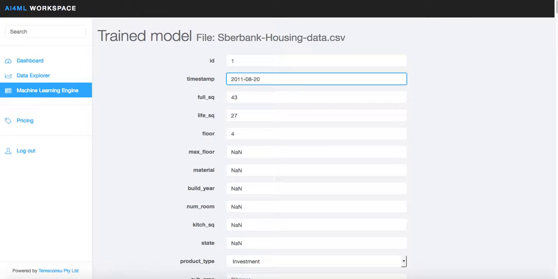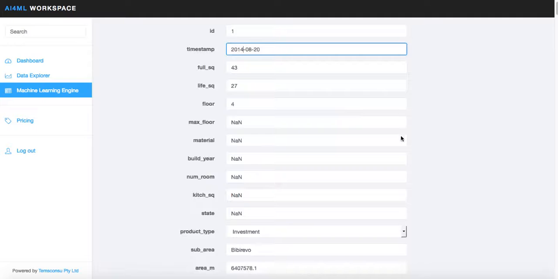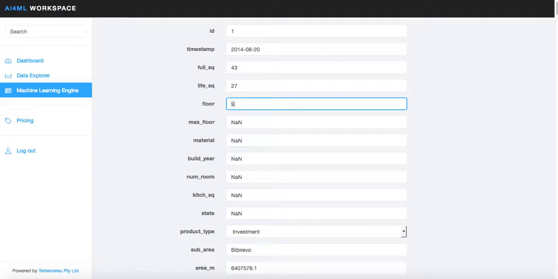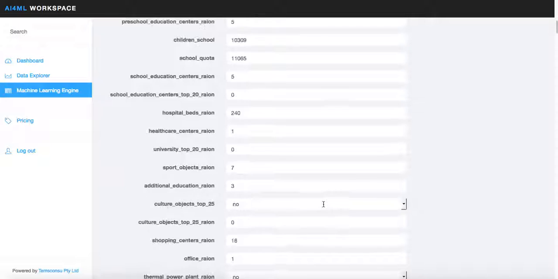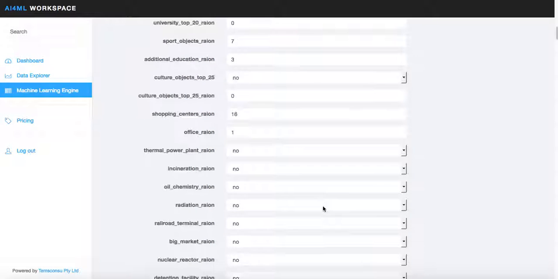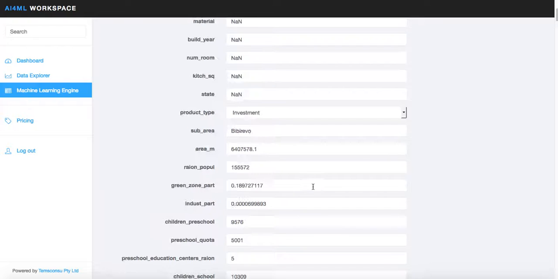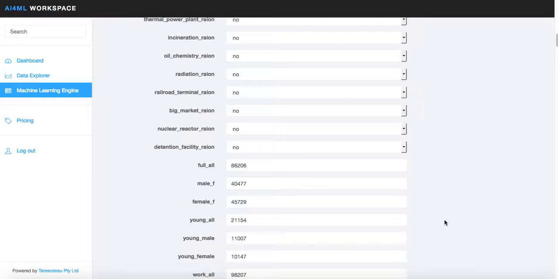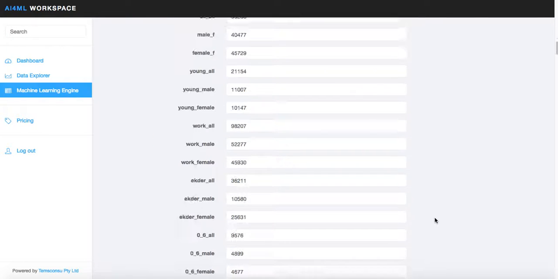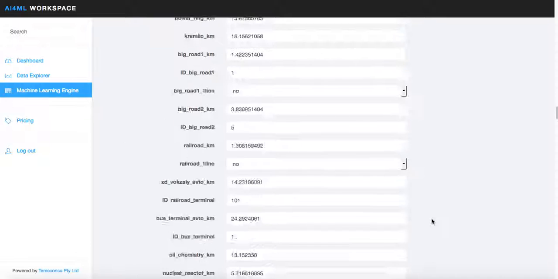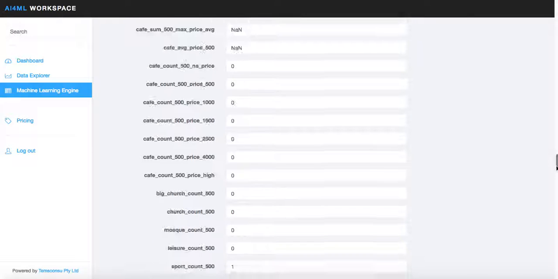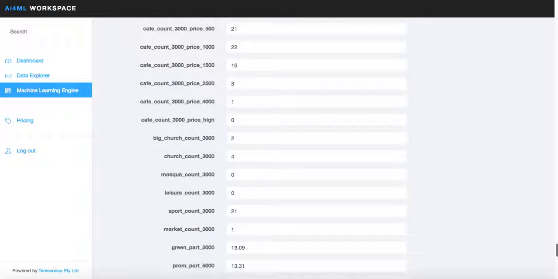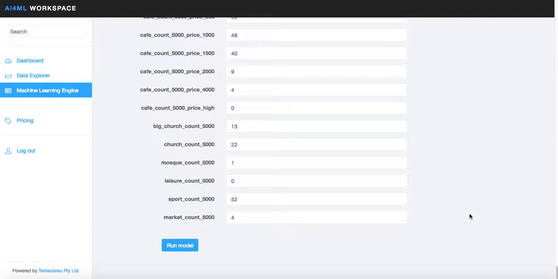Let's say date 2014, number of floors 9, school quota, state, product type, owner occupier, and there are actually a lot of parameters that we can play with, and market count in 5,000 meters radius.